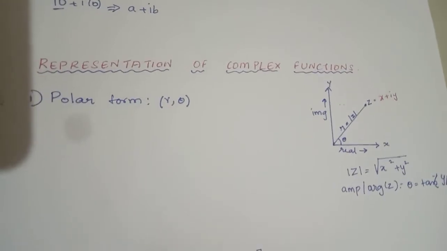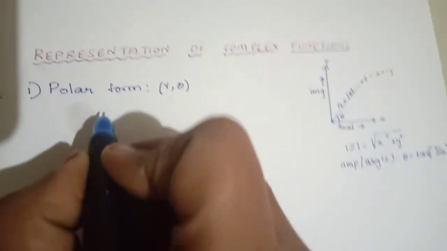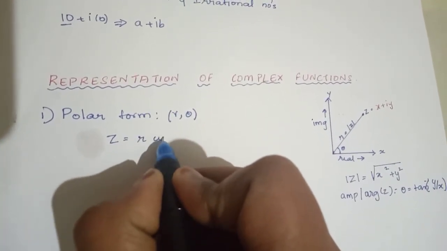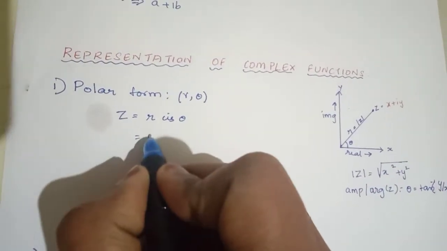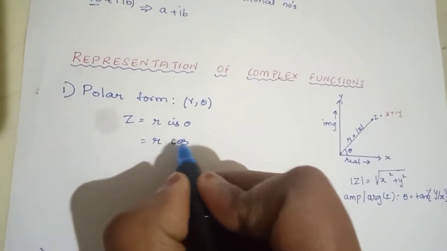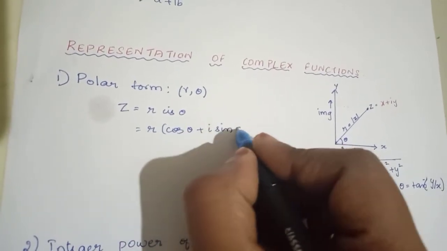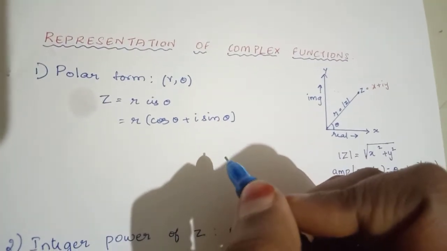So the first form will be the polar form. It is written as z is equal to r cis theta. R cis theta is nothing but r into cos theta plus i sin theta. So this is the polar form, r and theta.